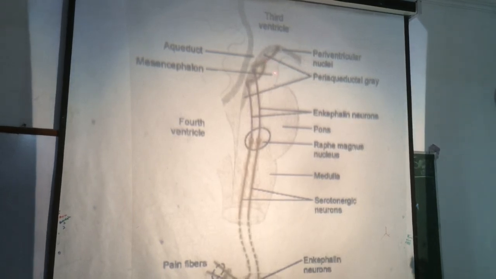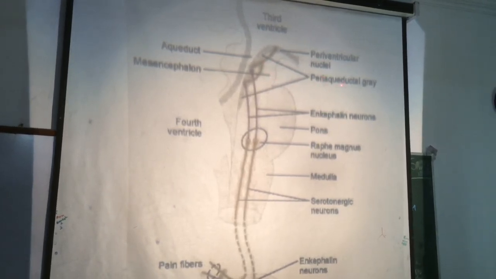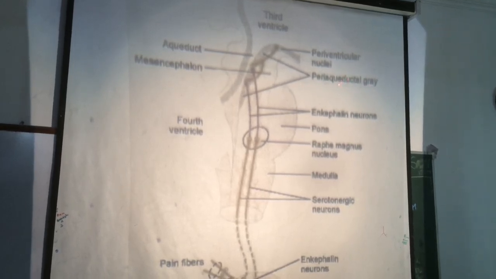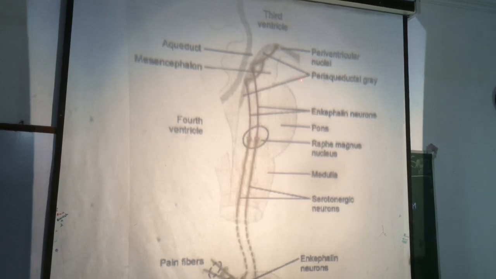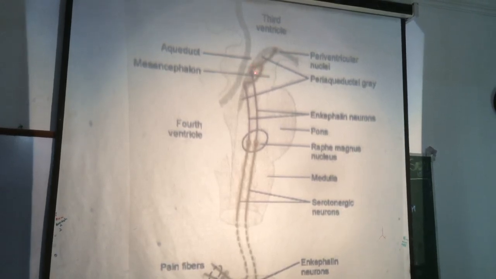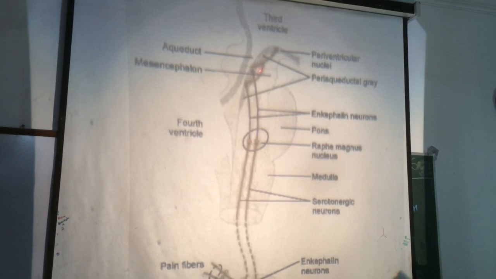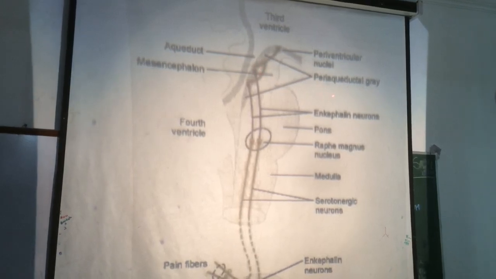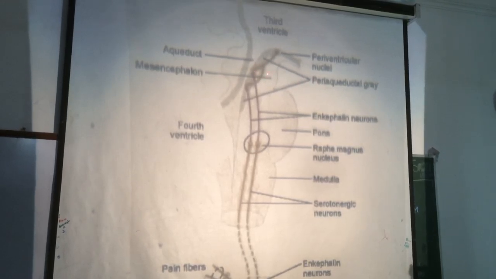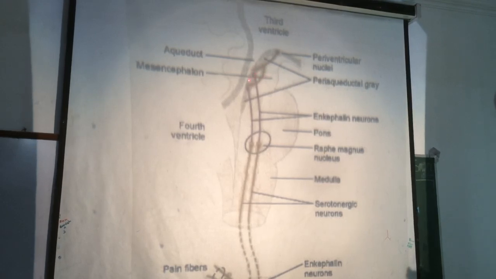The next component is the periaqueductal gray matter, present around the cerebral aqueduct in the midbrain and upper pons.